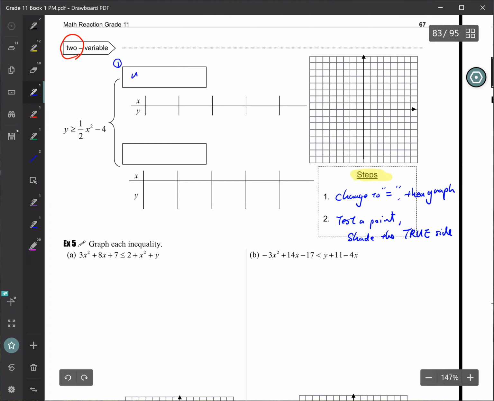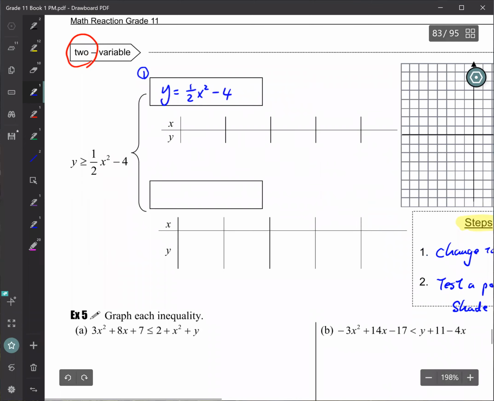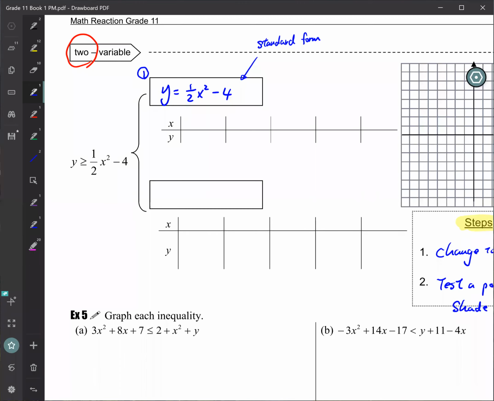We'll do the equal, pretend it's equal. This one is already in APQ form, already standard form, because it doesn't have the BX. Usually the general form has AX squared plus BX plus C, but it doesn't have the middle term.